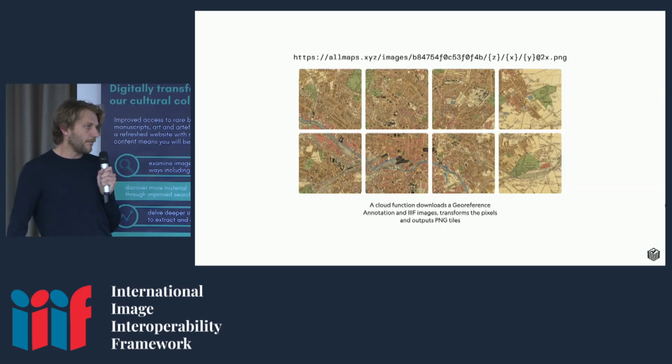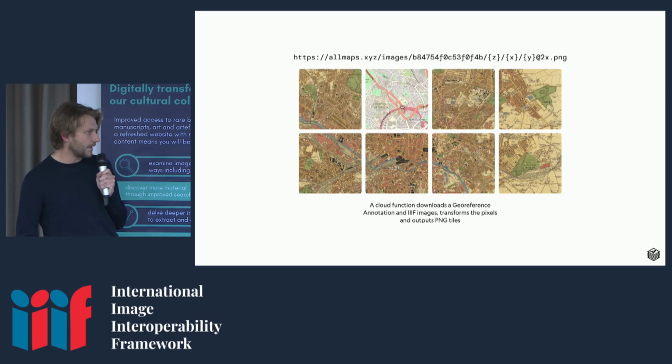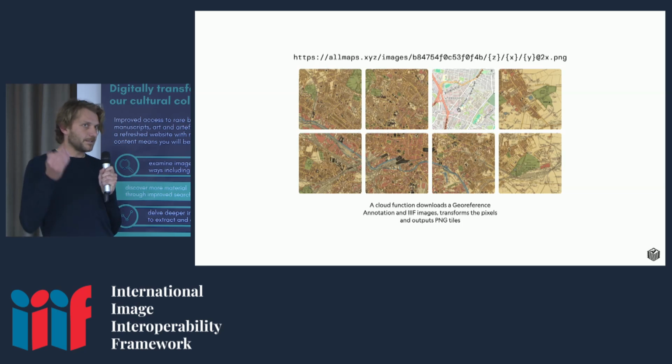Yeah, we can do many things with this. For example, we have built a proxy server for XYZ tiles that turns your reference data and IIIF images into XYZ tile layers that you can use in any GIS application like ArcGIS or QGIS. So those are the tiles generated by this little proxy server. What this does is fetch the info.json file and the parts of the IIIF image it needs to render this single tile.